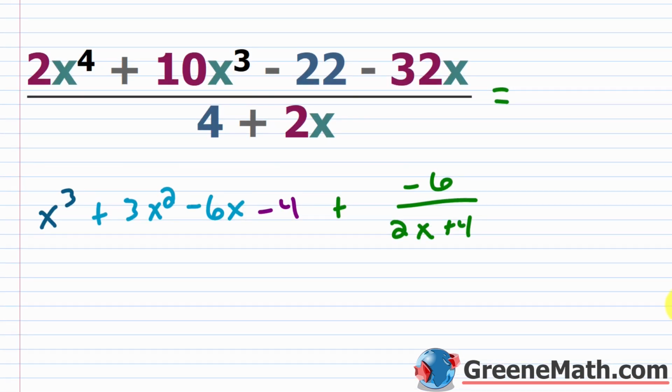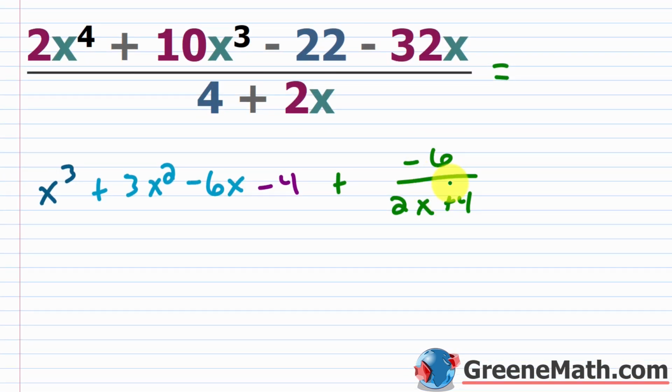Now, you can further simplify this part right here. We haven't really gotten into rational expressions yet, but you have negative 6 over this 2x plus 4. I can factor the 2 out. We talked about this earlier in the course. So we would have a common factor of 2. So we could pull that out and we'd have x plus 2 inside. So 2 is multiplying the quantity x plus 2. So what I can do is write this as, let's say, negative 1 times 3 times 2 to make this crystal clear.